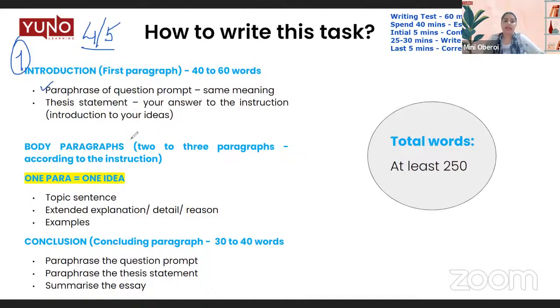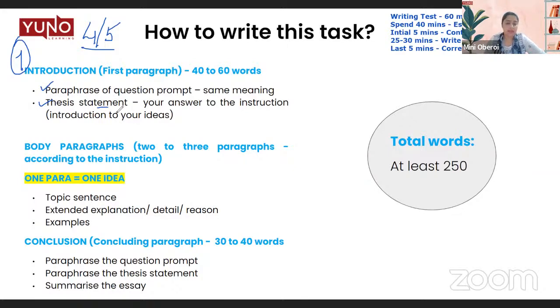The first thing is paraphrasing of the question topic. Whatever topic is given to you, you just try to rephrase it using maybe synonym words, maybe passive voice, and just reinstate that statement. After this, when we talk about the thesis statement, it is basically an introduction to your idea.